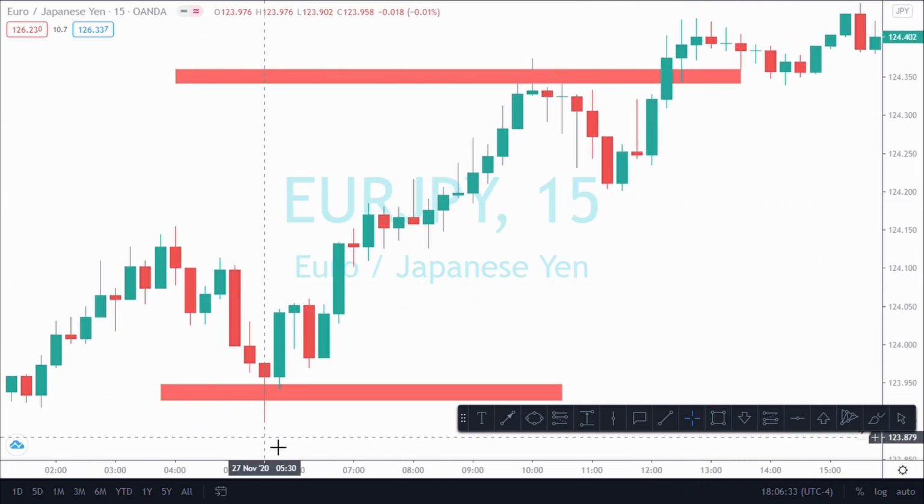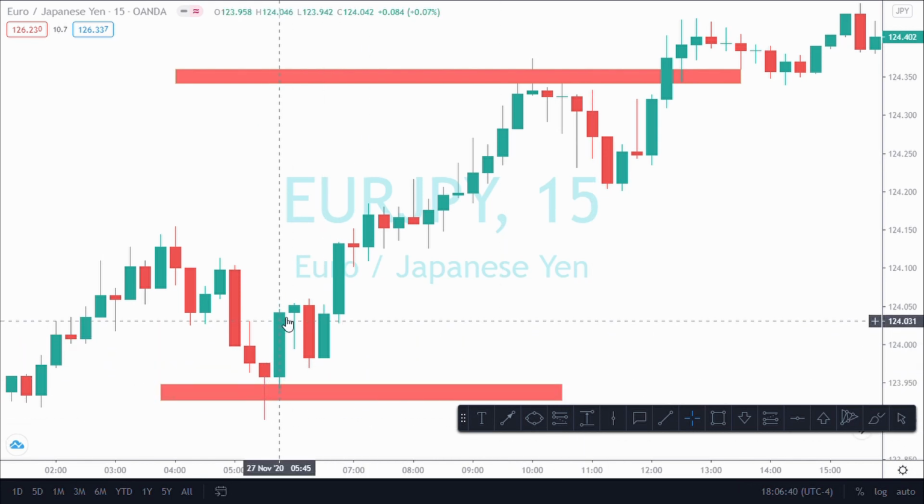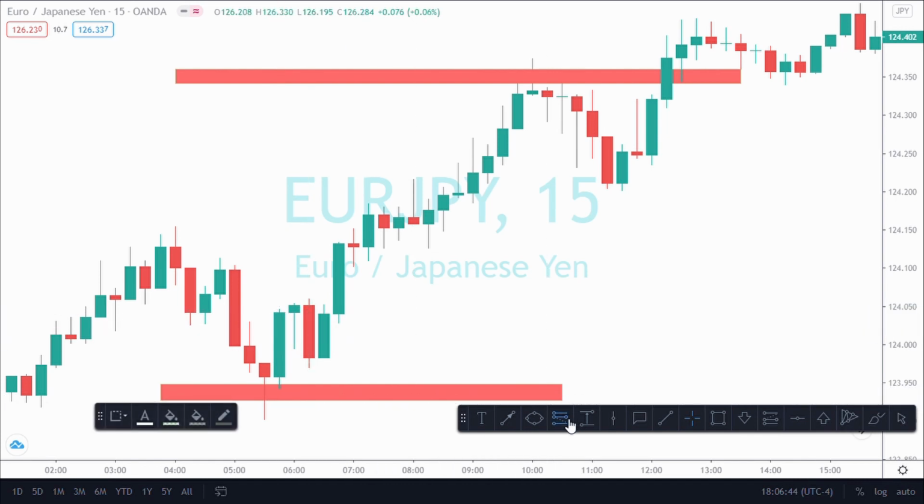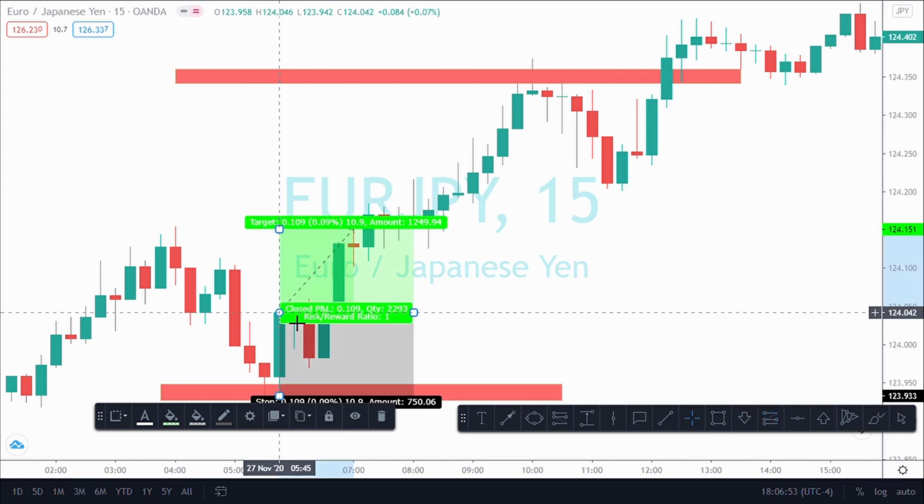So this is the pin bar right here. Then we allow this to play out. This is kind of a risky trade in a way, but it's just for demonstration purposes. So allow this to play out, and then we'll get our entry right there.